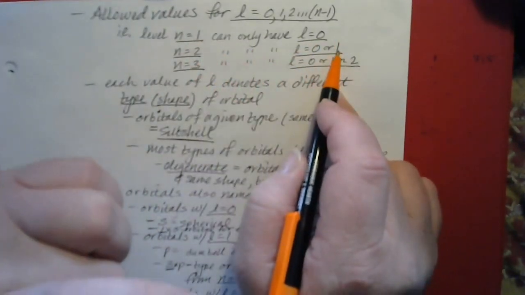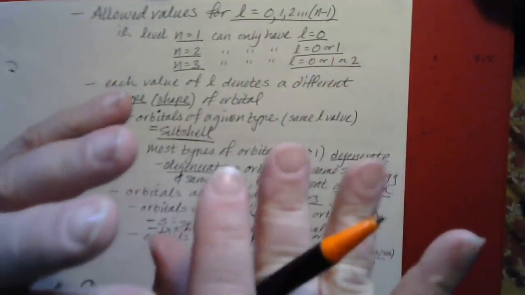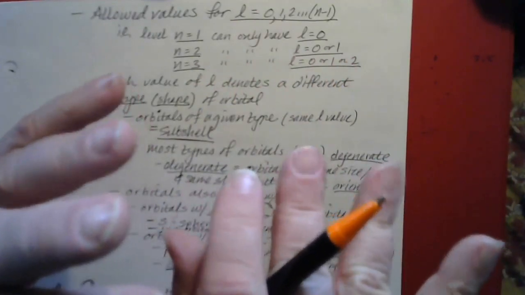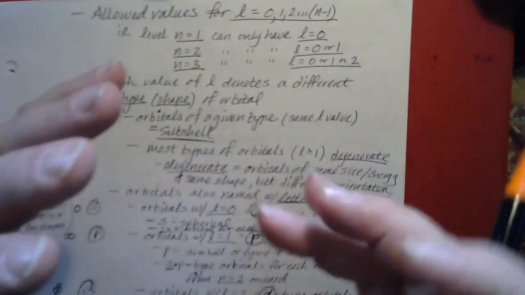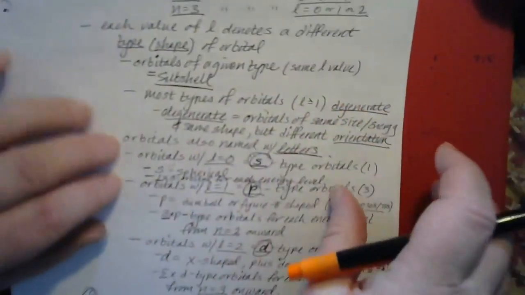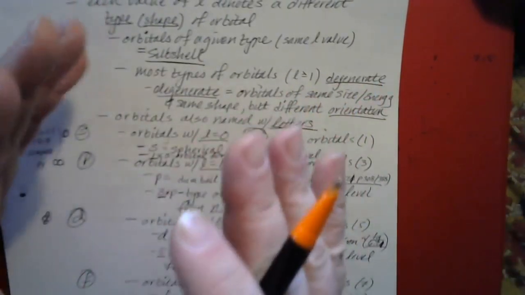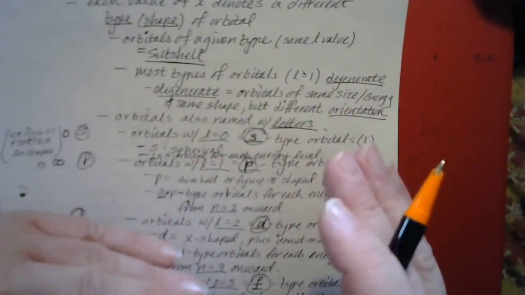But for L equals 1, there can actually be 3 of that type of orbital because of the shape of it. It allows 3 different orientations in 3 dimensions, and so on. And we'll get to that in a little more detail later. But what we mean by degenerate is that all of the individual orbitals of that type within a given principal energy level will have the same energy.